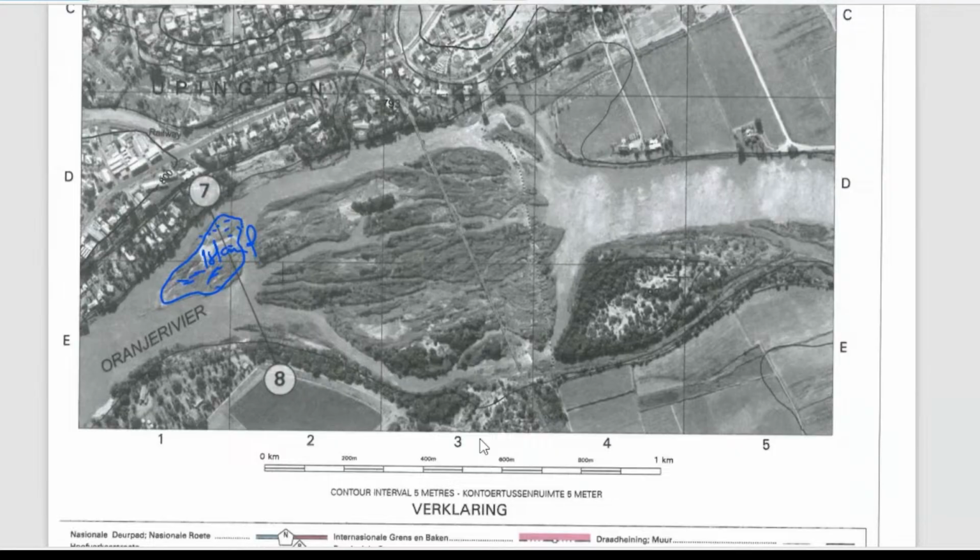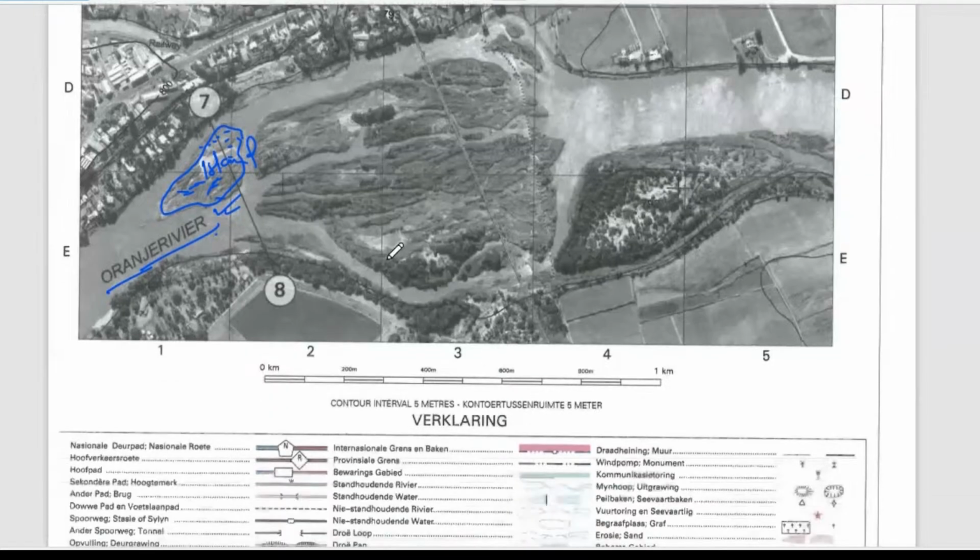What is the name of this braided stream? The name is here. This is Orange River. We have our Orange River here. Explain with evidence the main reason for the development of the braided stream in question 323A. Why is it that we have braids in that area? The justification of having braids there is less velocity of flow, and because of less velocity, there is more deposition.